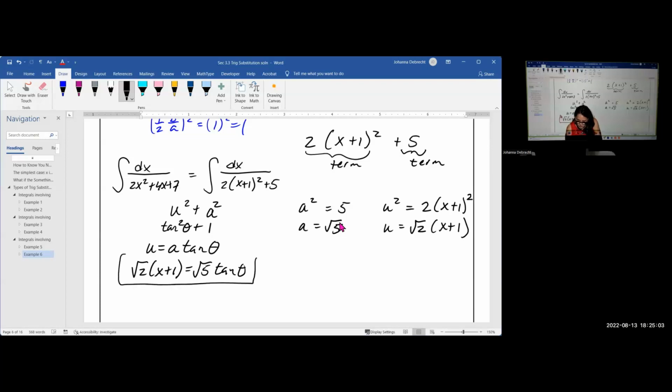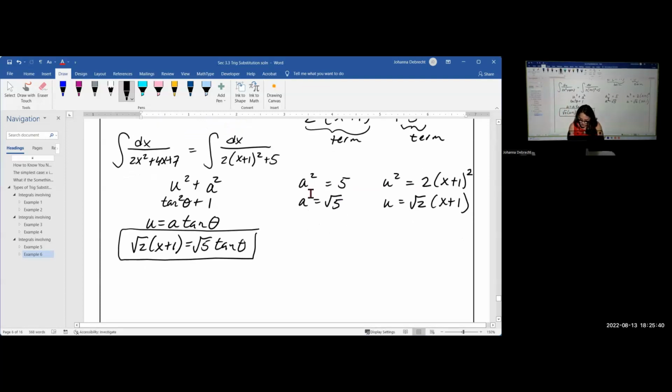This is my substitution equation that I'm going to be using multiple times in order to convert the original integrand into something that can be integrated by converting it into an integrand in terms of theta, and then getting back out of that using the right triangle trigonometry. So the first thing I want to do is rebuild this denominator that I have here in the bottom. And I've got this square root of 2 times x plus 1 quantity squared, which becomes radical 5 tangent of theta.